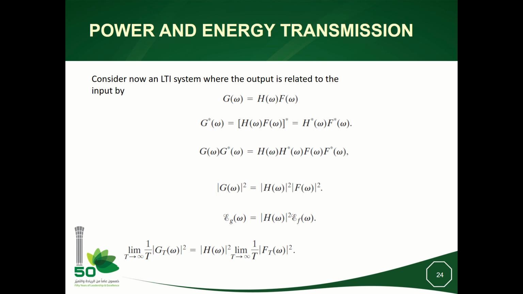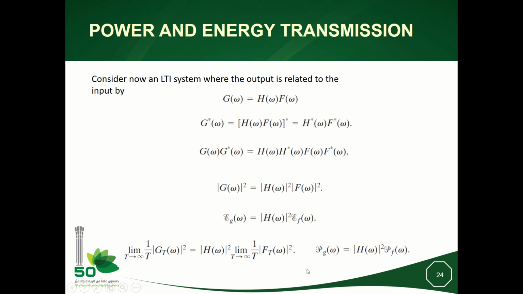And we will have also, if we take the limit, the limit of 1 over T |G_T(ω)| squared will be also equal to |H(ω)| squared times the limit of 1 over T |F_T(ω)| squared. It means that here we divide by T, and we tend T to plus infinity.